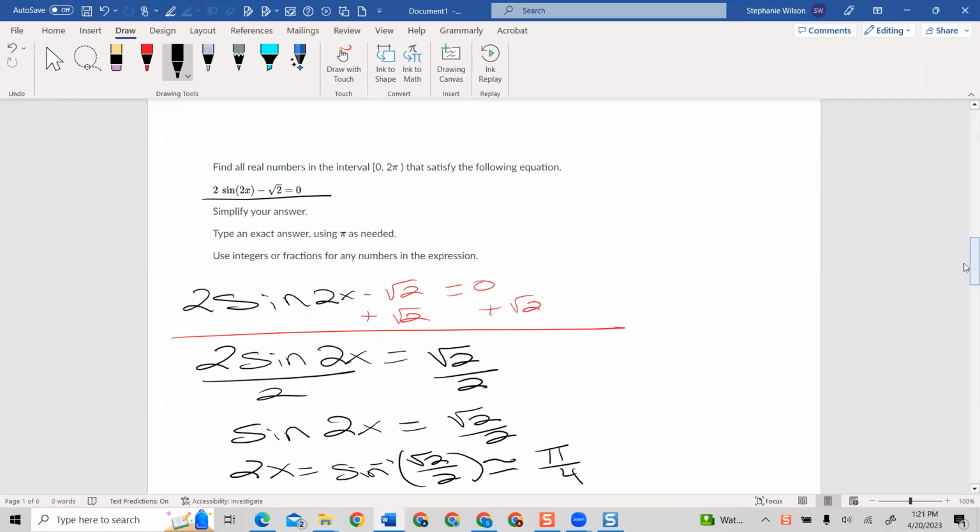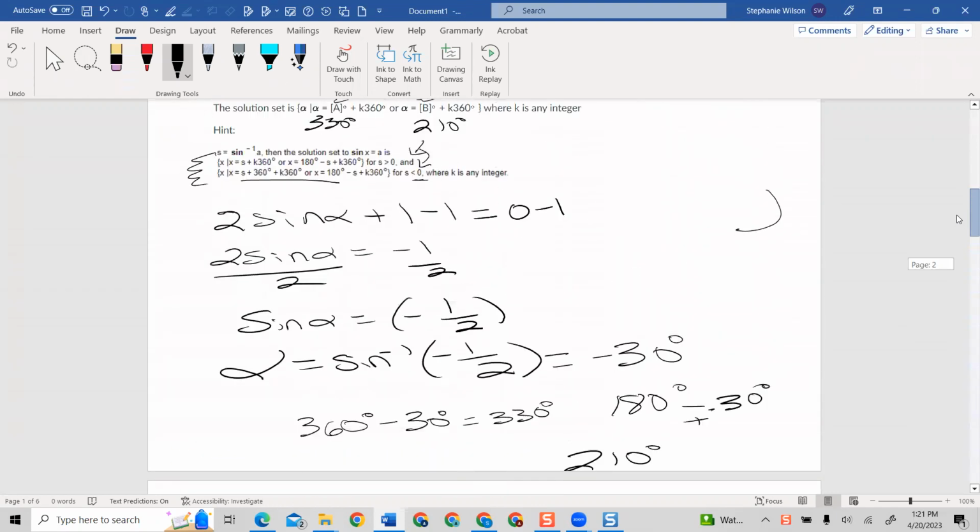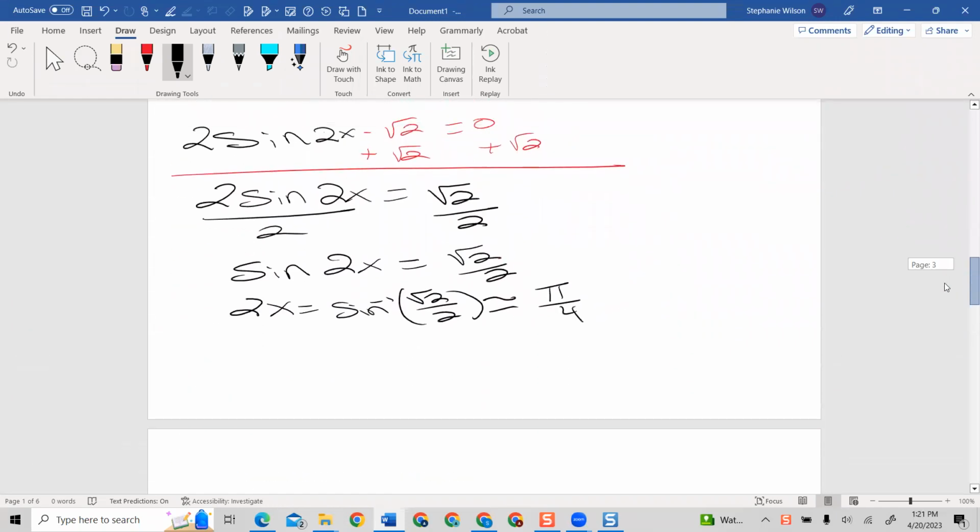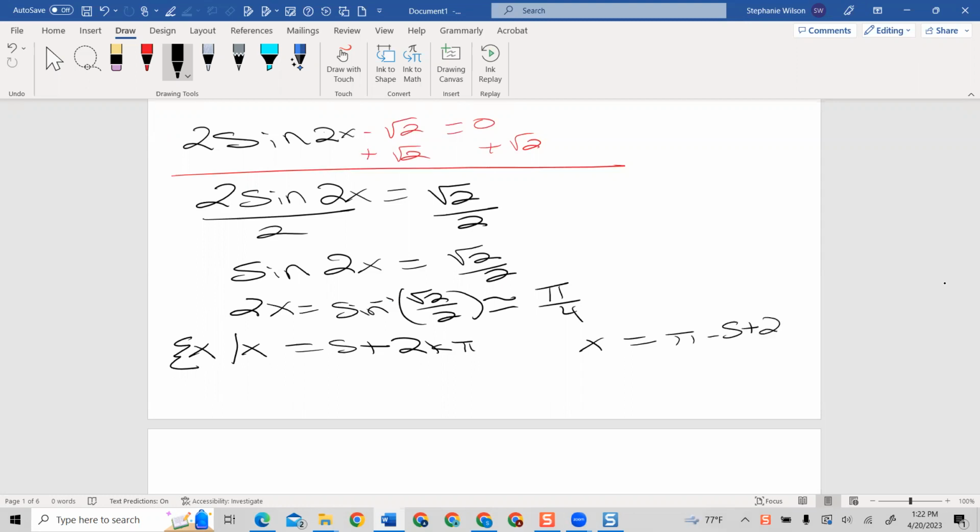Now going back to those equations we had before, based upon whether s is greater than 0 or less than 0, we know what we're going to be working with. In this case, it's greater than 0. So we're going to work with the set that builds on x is equal to s plus 2k pi, and x is equal to pi minus s plus 2k pi.